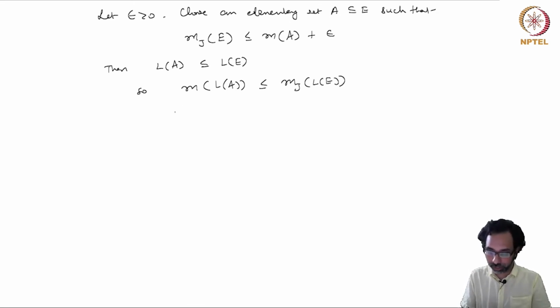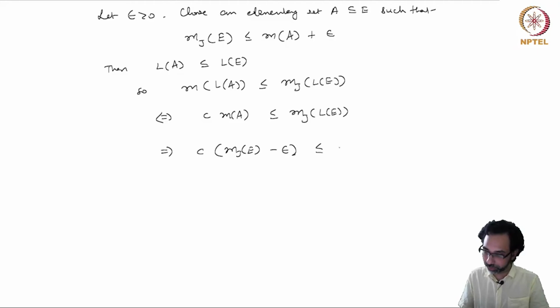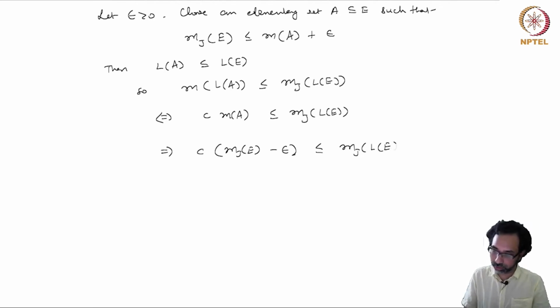But we know that m of LA is C times m of A because A is elementary, and since m(A) is greater than or equal to the inner Jordan measure of E minus epsilon, we get that m(E) minus C epsilon is less than or equal to the inner Jordan measure of LE, because E is Jordan measurable.